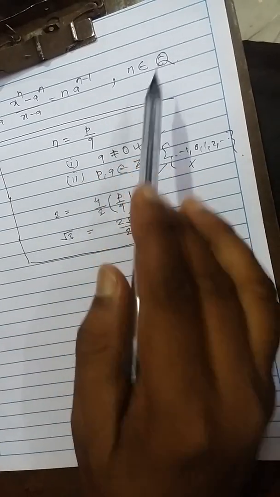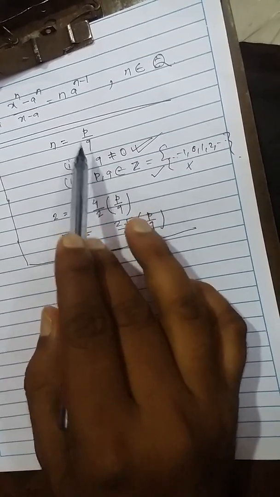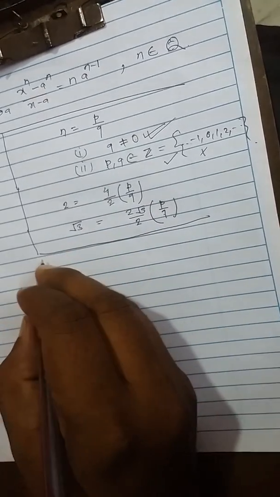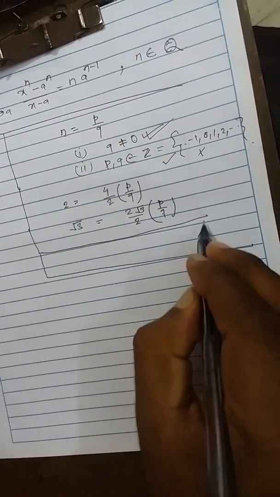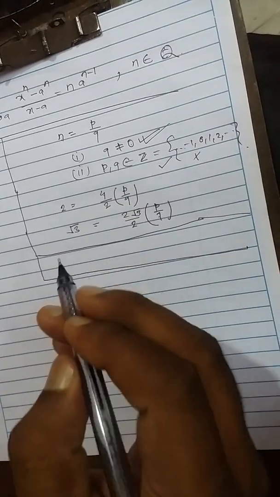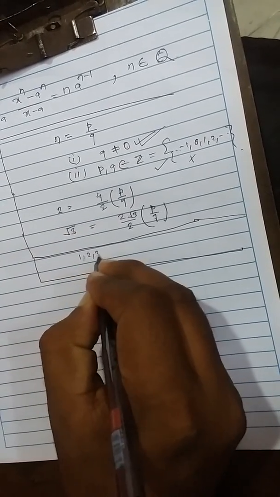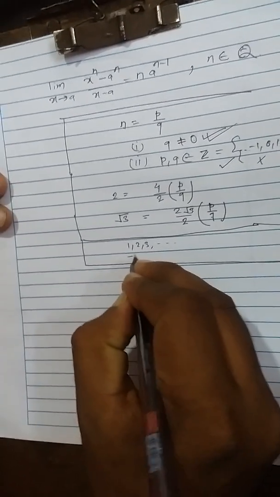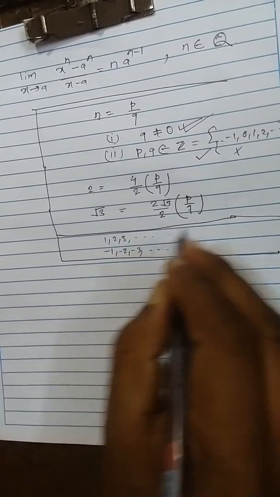Now I hope you are quite clear about rational numbers. Here n is a rational number. Rational number means n can be written in the form p upon q, where p, q are integers and q is not equal to 0. Actually, we classify rational numbers into groups. Positive integers, 1, 2, 3 and so on, all are rational numbers. Even negative integers, minus 1, minus 2, minus 3, all are rational numbers.